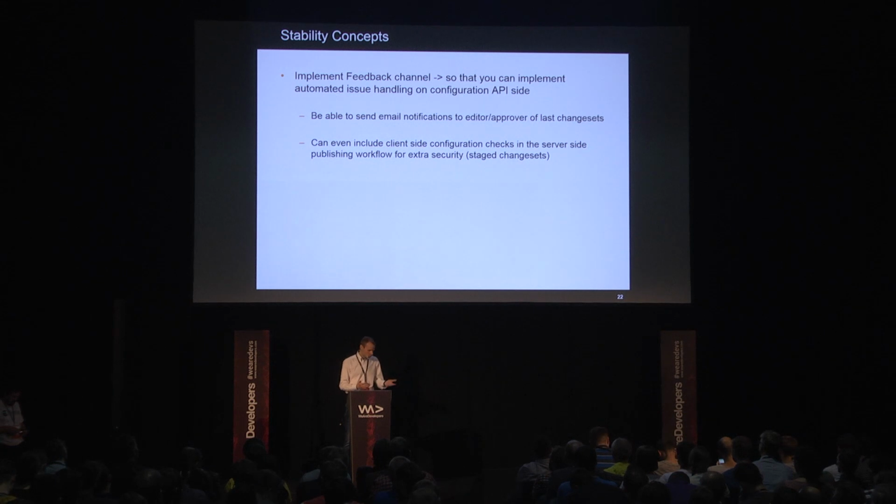What you could also do as soon as you have this back channel is have some kind of feedback already while the change set is developing or when it's handed in for approval. So you can have a change set waiting for approval and there needs to be some client checks coming in before actually a human says it's fine. We have not done that yet, but we think about it.